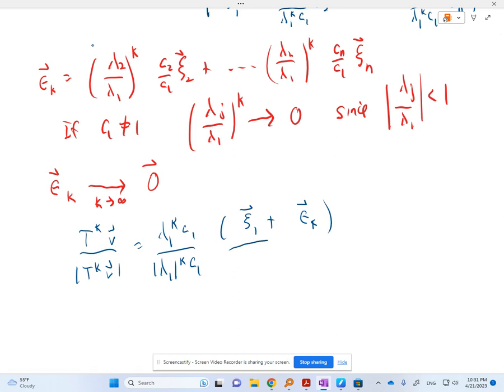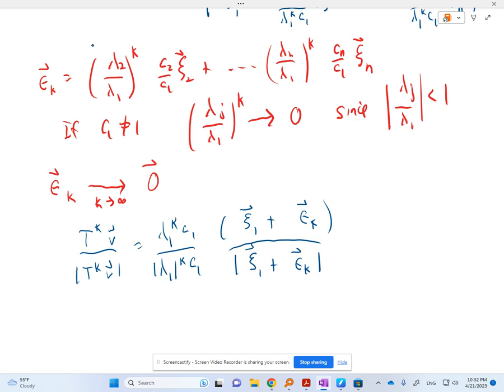And then this is divided by the norm of zeta 1 plus epsilon k. Now, I think it's not too far to see that since epsilon k goes to 0, and there should be a norm here. Let me fix that up. That should be a norm because this is the norm.